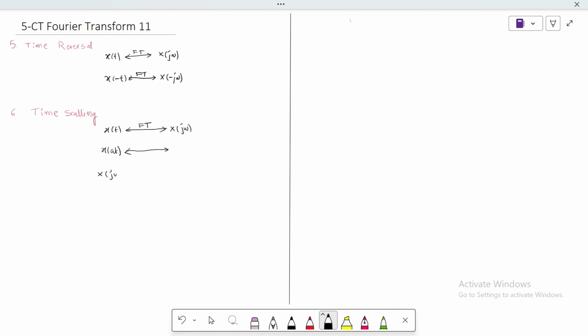We know that x of j omega equals the integral from minus infinity to plus infinity of x of t into e power minus j omega t into dt.